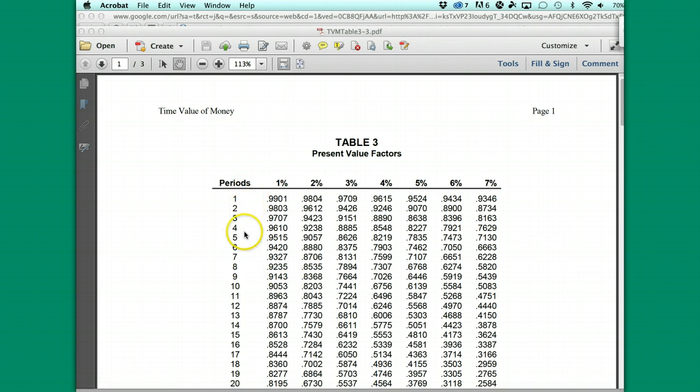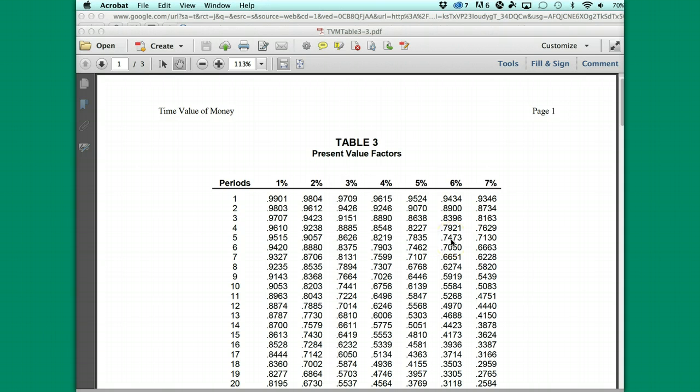So 5 years is the period, and I find that period right here. Since we're talking about annual compounding, it's 5 times 1, because there's only one compounding period each year. Then I said 6% is the amount we can earn. So I find 6%, and I find period 5, and I come across 0.7473.